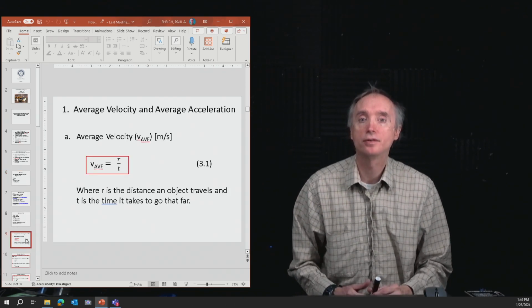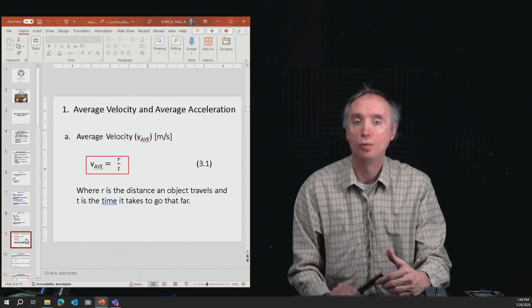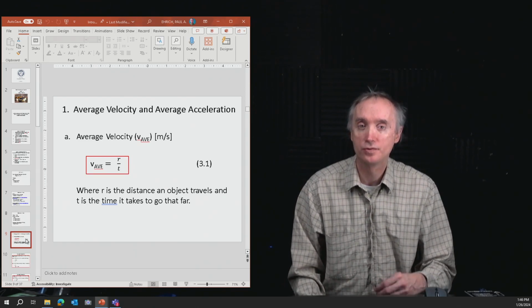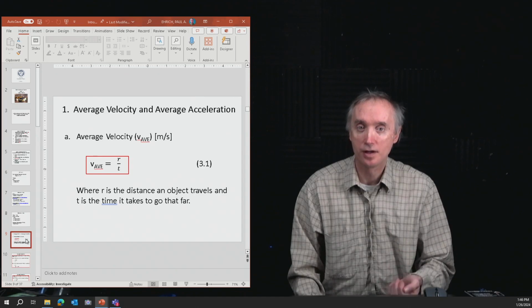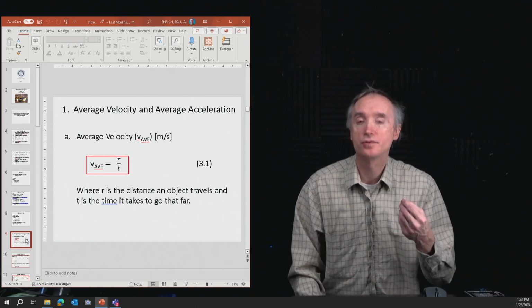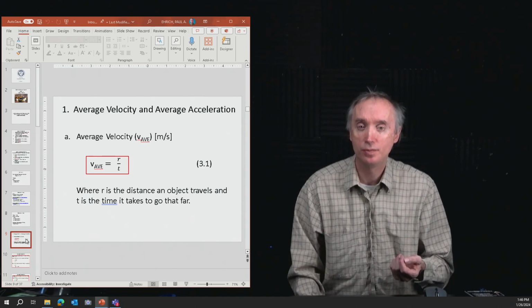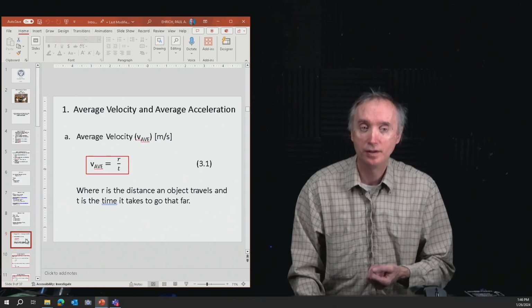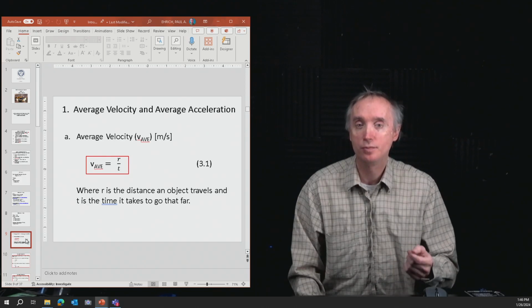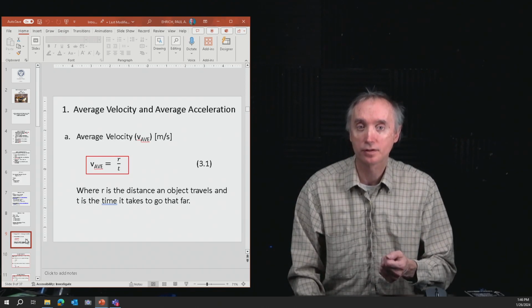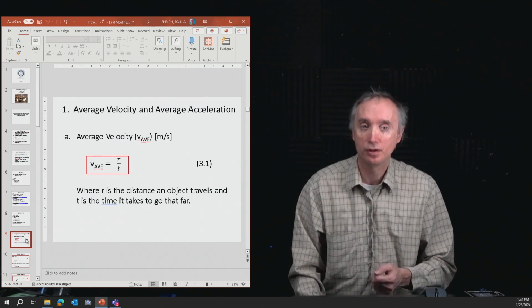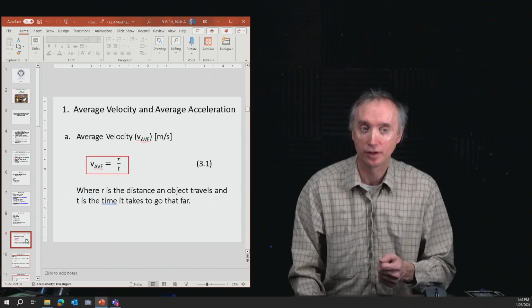So let's start by reviewing what do we mean by the words speed and velocity. Speed is going to be a scalar, meaning it's just going to be a number. Velocity is going to be the speed of an object, and then it also includes what direction it's traveling in.